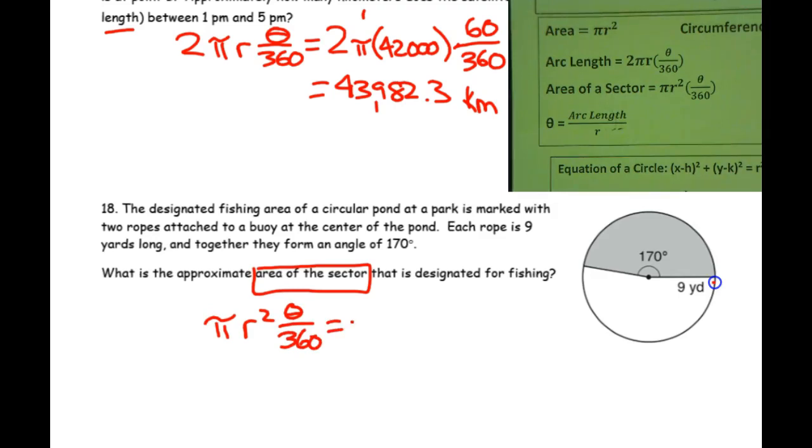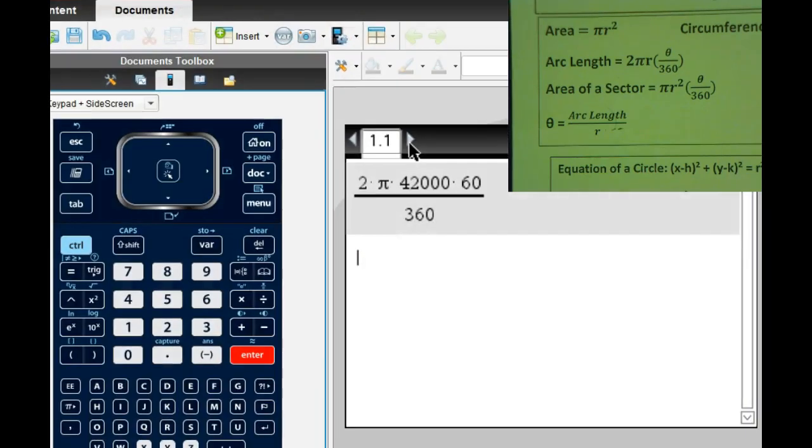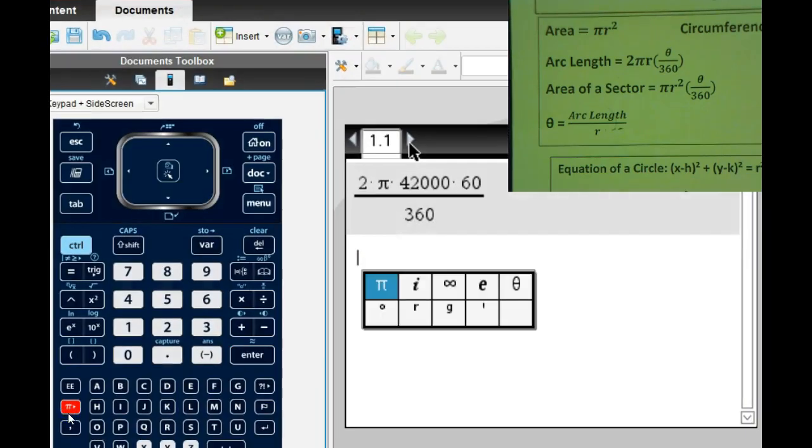Okay, so r is 9, so pi 9 squared, and then theta, 170 over 360. So pi 9 squared, 170 over 360.